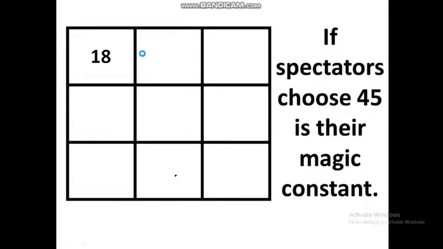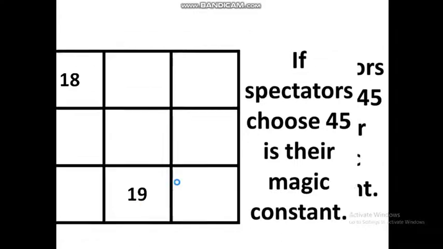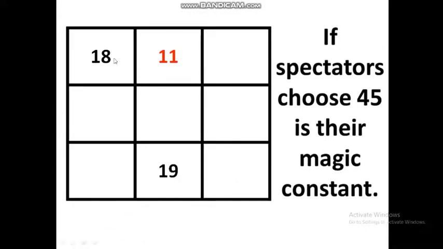At the same time, another asks to fill 3 by 2, and this is the number 19. Then another person may ask to fill the 1 by 2 box, another may ask for the 3 by 1 box, and another for this box, the 2 by 2 box.